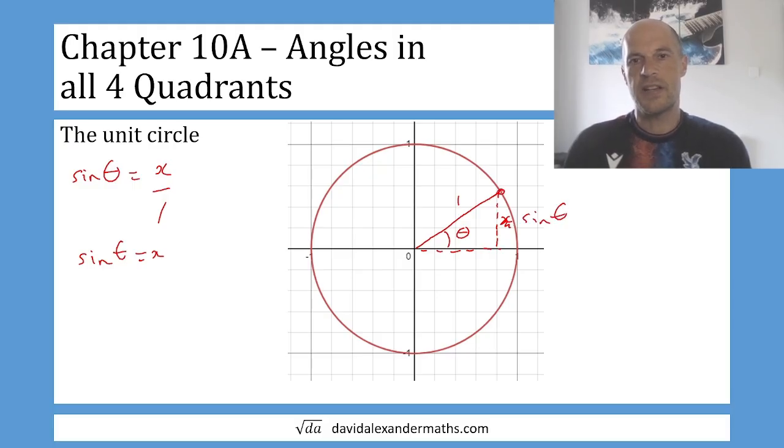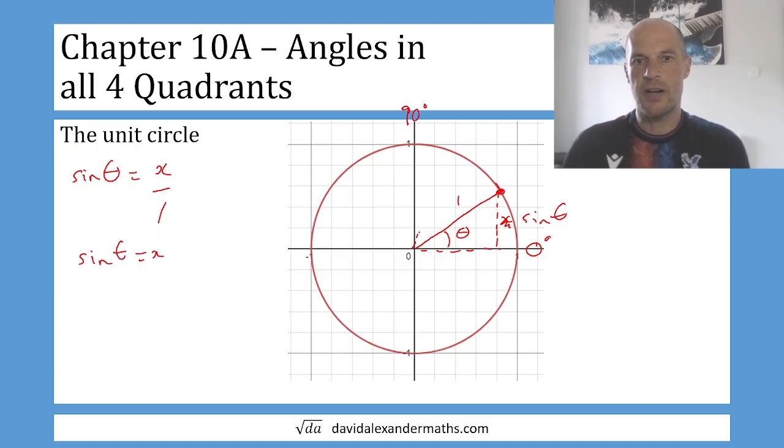So we need to be considering what happens to the height of the triangle as I slide this point in various directions. Now, if I slide it in an anti-clockwise direction, so this is 0 degrees, this is 90 degrees. At the moment, I don't know how many degrees that is, but it's somewhere between 0 and 90, and this is the height of the triangle.